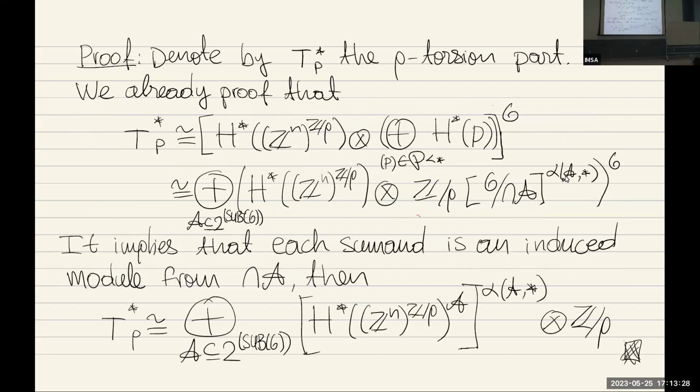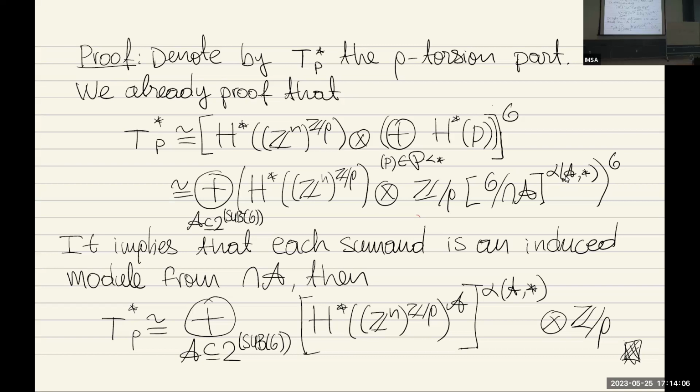Okay, let me give just some ideas about the proof. Denote by TP star the p torsion part of the group cohomology. We already proved that the p torsion part is isomorphic to the invariants of this module. But the module corresponding to the cohomology of the finite groups, because the set is decomposed in orbits, is isomorphic to this permutation module.